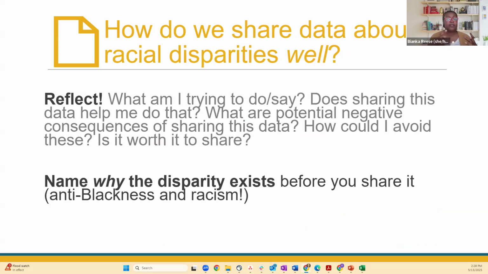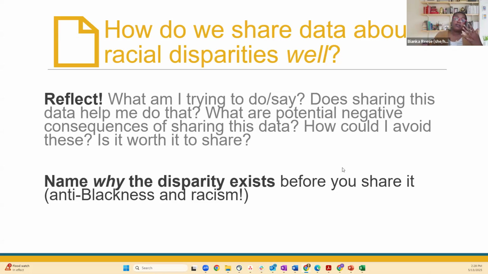And if this data, this information is sharing or helping you do that, right? Don't want to continue to perpetuate negative stereotypes by saying a certain group of people are, you know, the ones experiencing sexual violence, or they're not seeking out care, whatever is negative. Make sure that your messaging behind the data does not reinforce that.